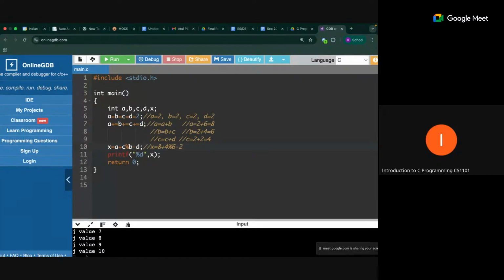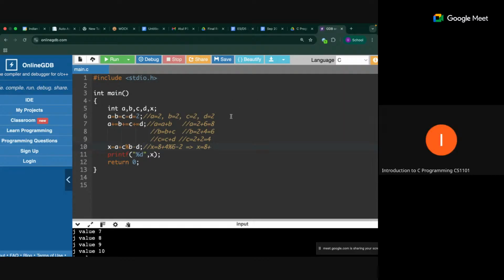If we have plus, modulo and minus, which operator has the highest precedence? Modulus. Yes. So what will be the evaluation then? It becomes x is equal to 8 plus, what is 4 mod 6? 4.